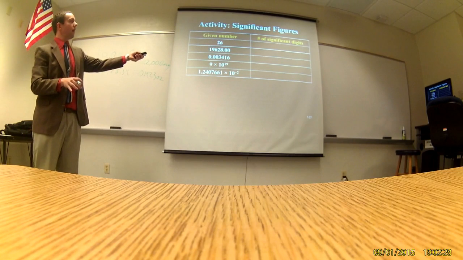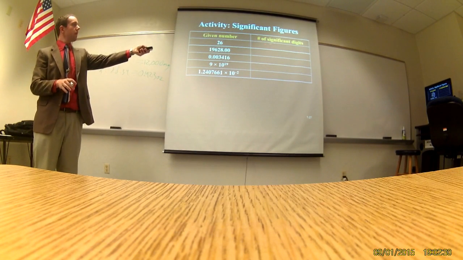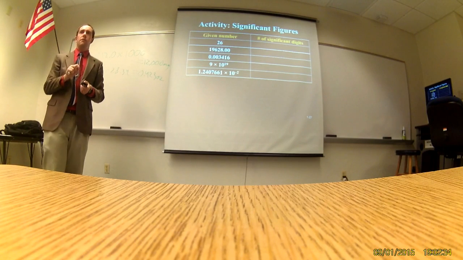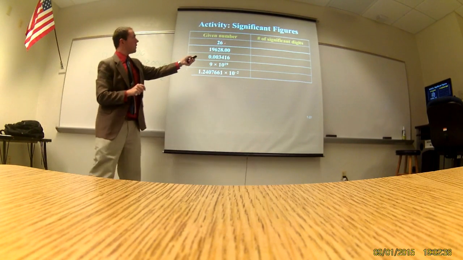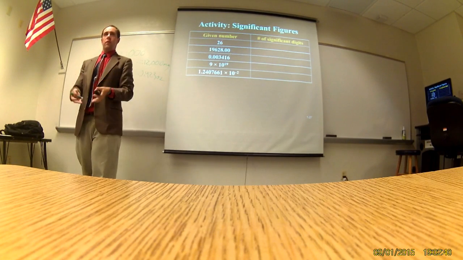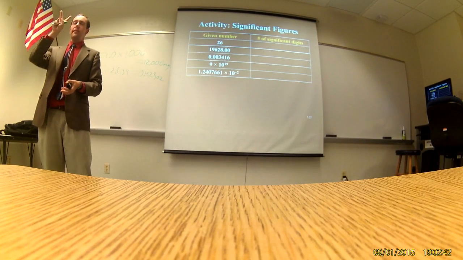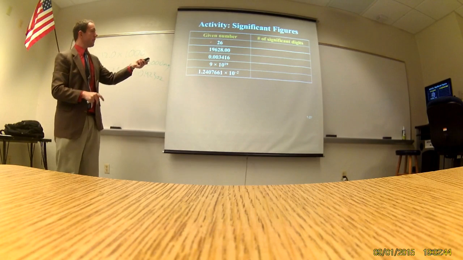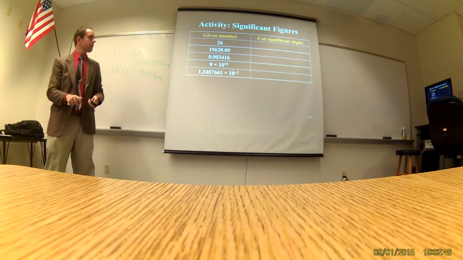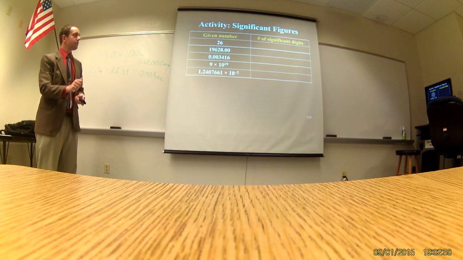Here's a number. How many significant figures are in 26? 2. That's as easy as it gets, right? There are 2 digits, two figures, and they're both non-zero. There are 2 sig figs in 26. What about that number? 5.